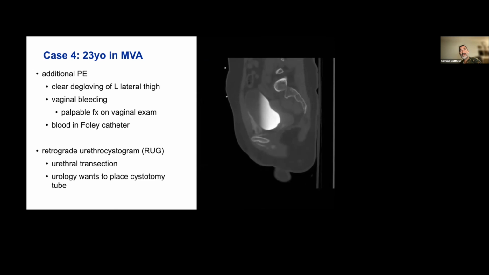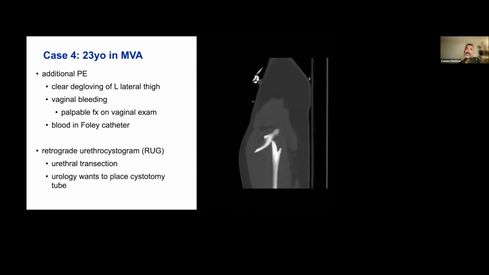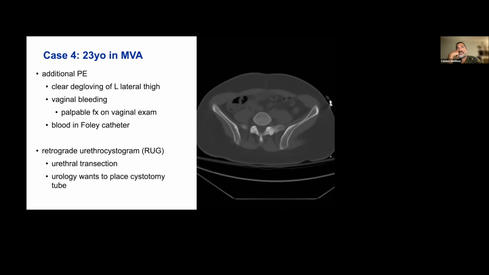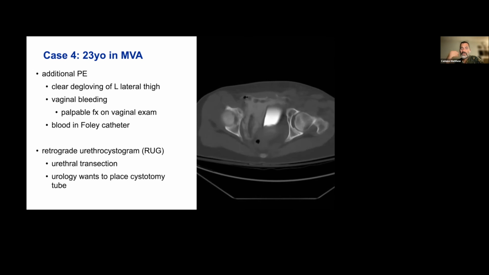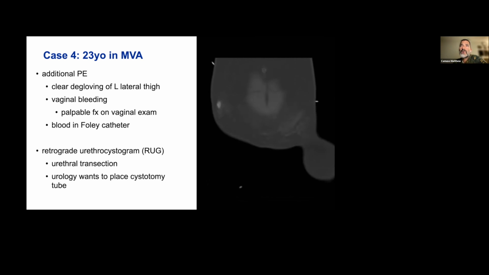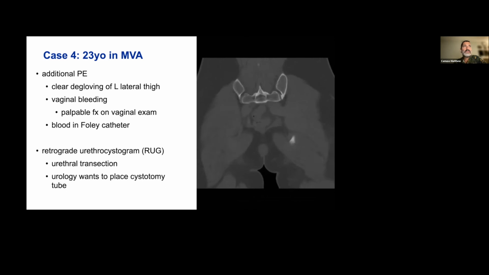The bladder's filling up, there it is, but there's also contrast aside from the bladder, which essentially represents a urethral injury. So the Foley catheter is through the most distal part of the urethra and then just into the true pelvis, but not into the bladder.